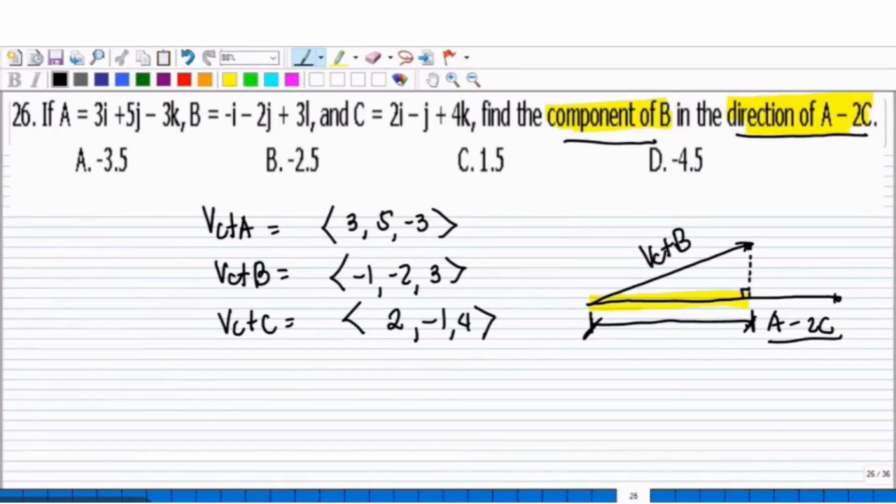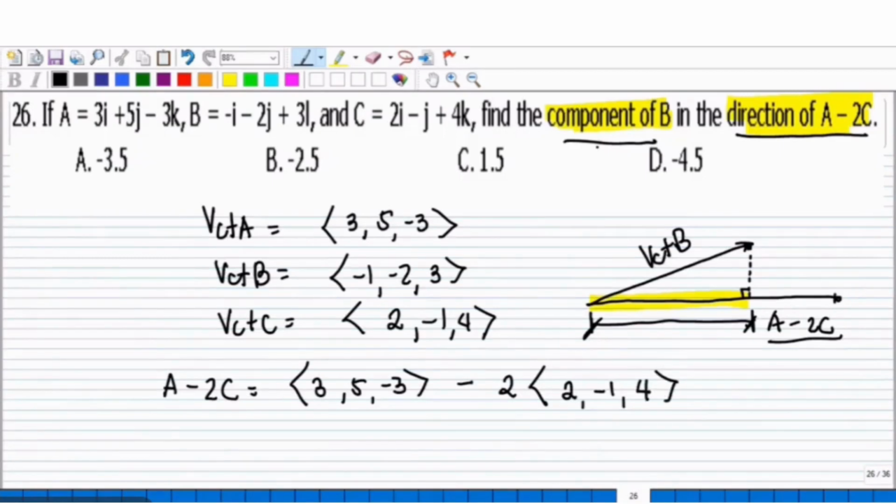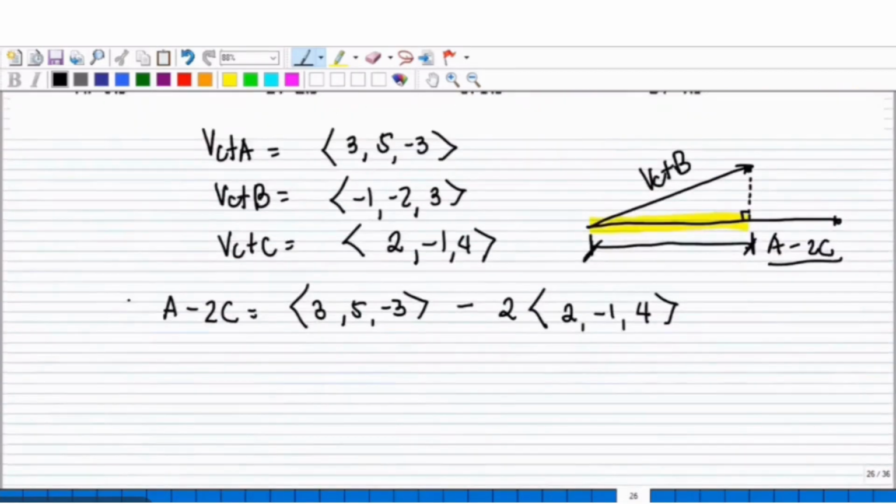So, take note po, A minus 2C is equal to what, okay? So, yung ating 3, 5, negative 3, okay? Ima-minus natin sa twice of your vector C. So, this is 2, negative 1, then 4. So, ito na ngayon yung bago natin magiging direction.